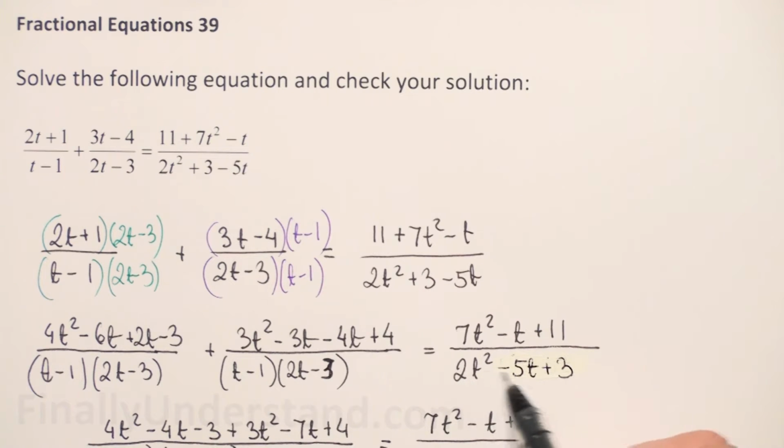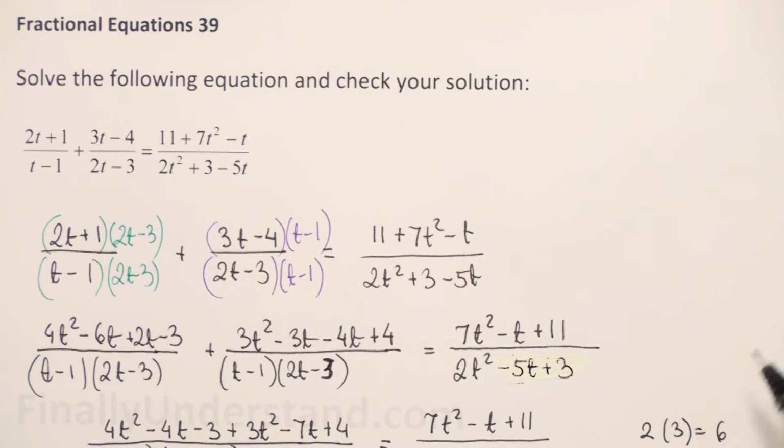so we can try to factorize our denominator by using grouping method. Let's see what we can do. We have 2t squared, so first we need to multiply coefficient before t squared times constant, so this is 6.